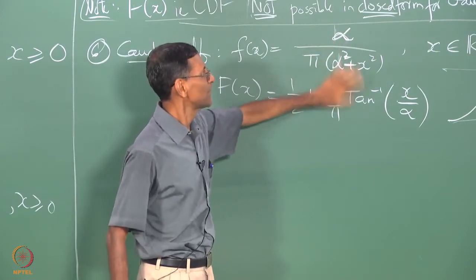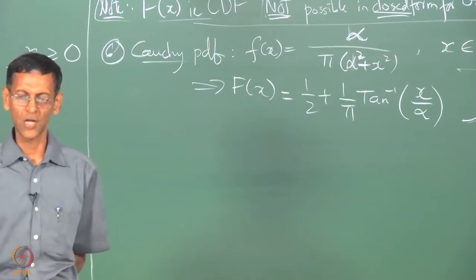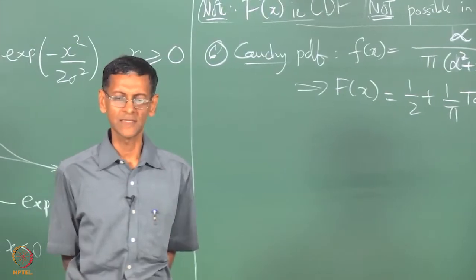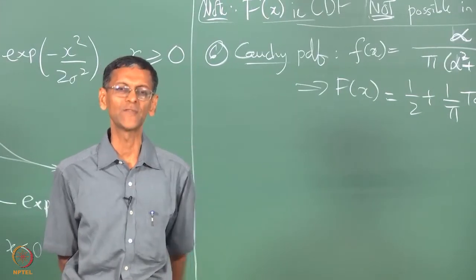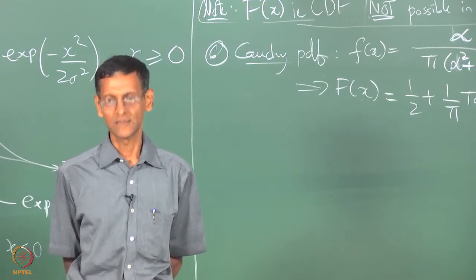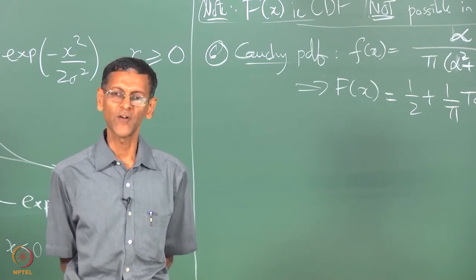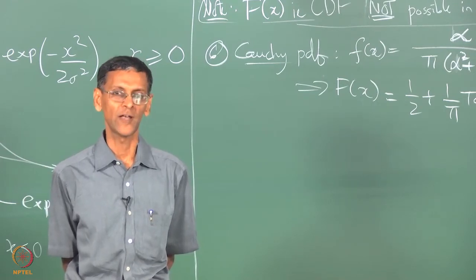If I had something like 1 by x, or 1 by 1 plus x, and you want to construct a PDF like that, what is the immediate problem you run into? Let us say you want to go all the way to infinity. It will not be integrable, it will not have finite integral, it will not have finite area.